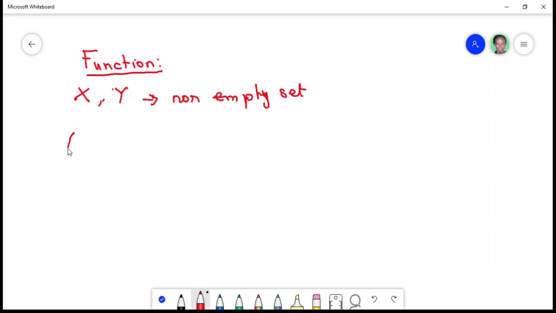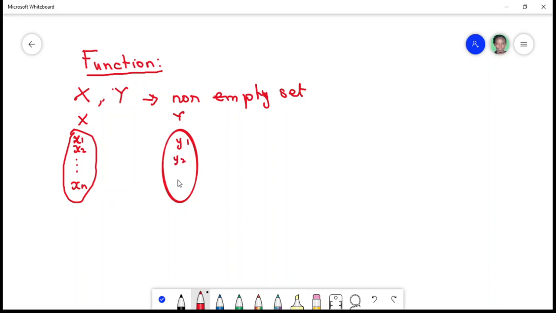So let's say I have x, then I have y. Let's say I have x1, x2 to xn, then I have y1, y2 to yn. We can define the function on these two sets.